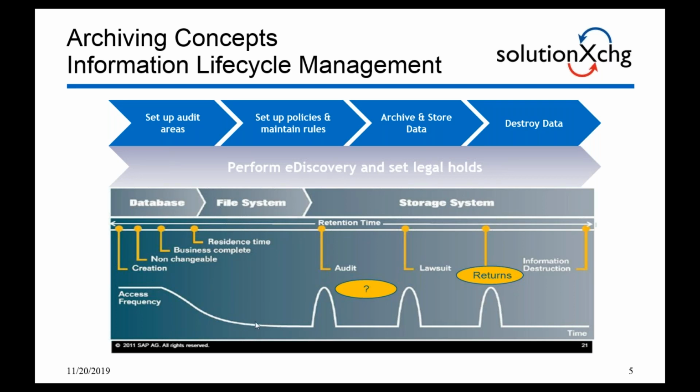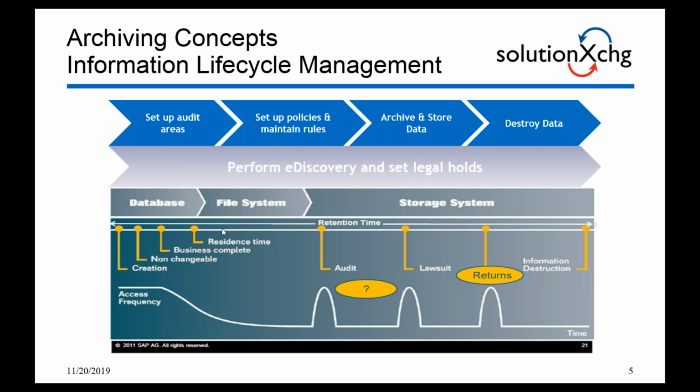Once the data gets archived, it moves through the file system to the storage system and is now sitting in your storage system. The access frequency should be low. There may be spikes because of an audit, a lawsuit, a return, whatever, but there shouldn't be a consistently high access frequency to archive data.